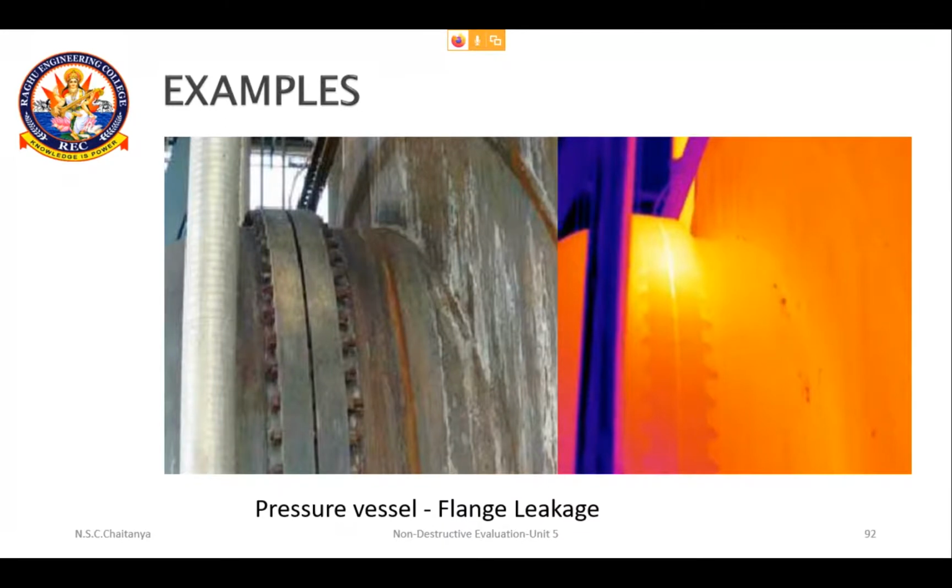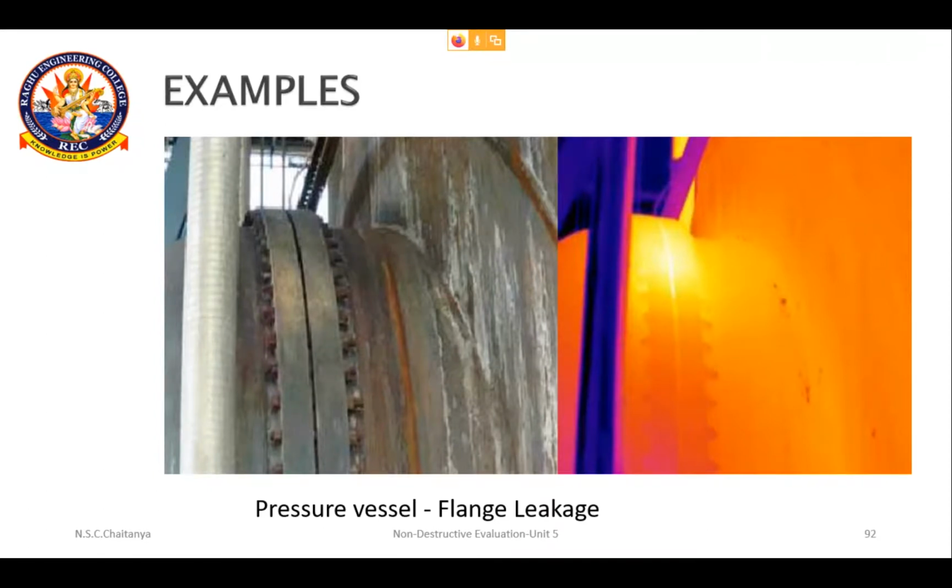Slide number 92. Here you see a pressure vessel, and in this pressure vessel there is a leakage from a flange. That leakage can be identified by a number of tests, like your penetrant test, which is a good test for identifying it, which we studied previously, but it can also be identified easily using your thermographic test.